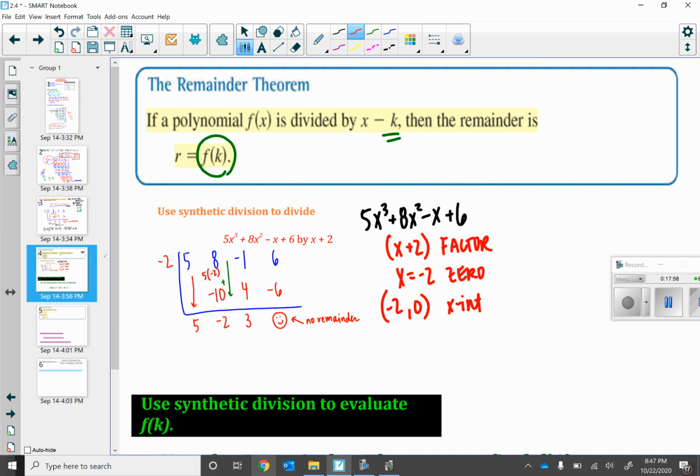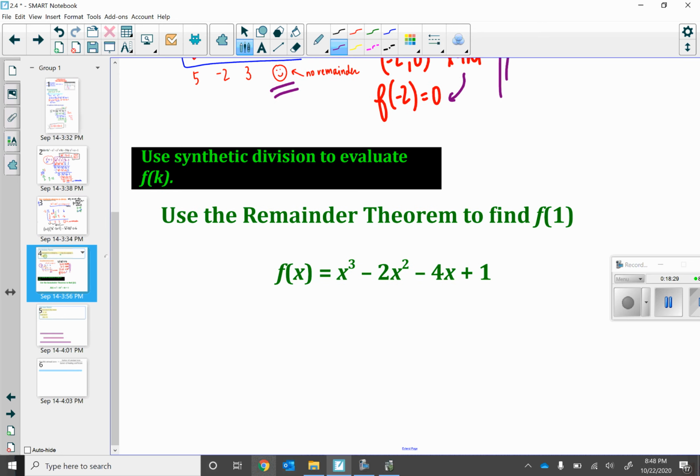Or another way to write that is f of negative 2 is equal to 0. We know all of these things. These are all of our facts from our last lessons. A factor is a 0, is an x-intercept, and we can write it like this, like a solution. That's what this theorem is saying. If I take a polynomial and I divide it by x minus k, then f of k is equal to the remainder of 0.